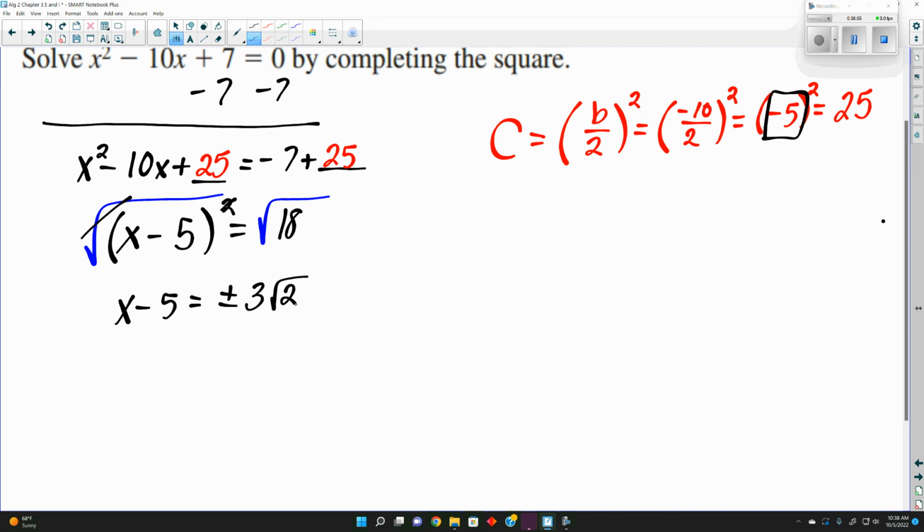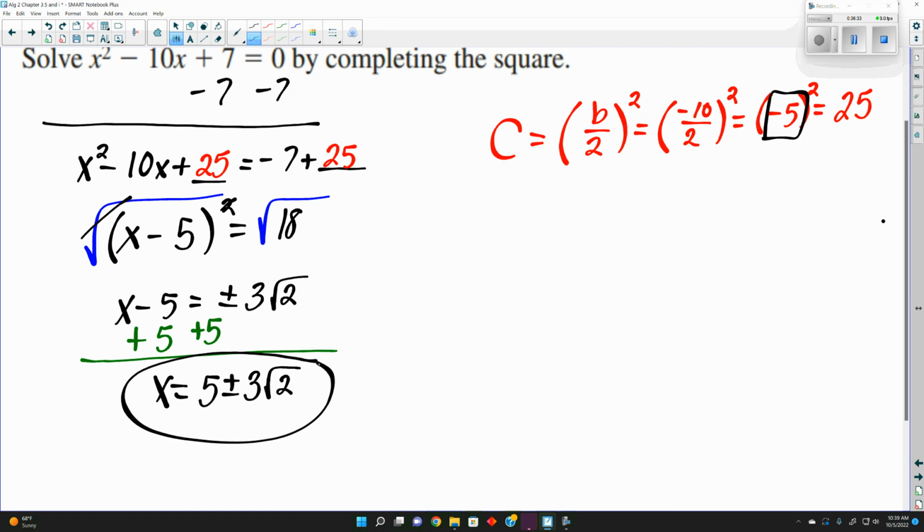But last but not least, we do need to get x by itself, so we would add 5 to both sides, telling us x is equal to 5 plus or minus 3 square root of 2, yes? 3 square root of 2 is irrational because of the square root of 2. So there's no nice way for us to add or subtract these. So that there would be the answer.